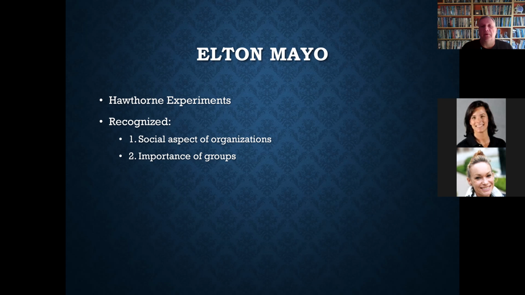So he found it wasn't the lighting level that was inducing productivity. What was inducing productivity is that people were being watched. They had their performance being evaluated by Hawthorne and by Mayo and his colleagues, and they were being listened to. So Mayo and his colleagues would do debriefing sessions with these employees, and they would ask them about all different aspects of their job and the tasks they do on a daily basis. And in doing so, they were paying attention to employees.